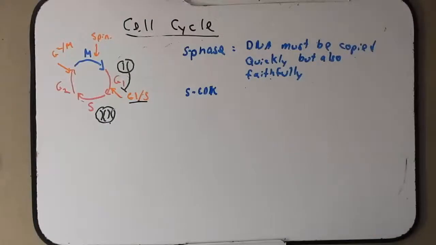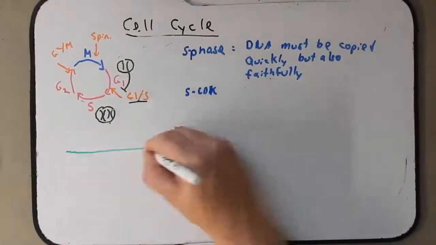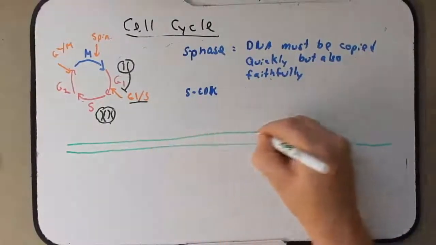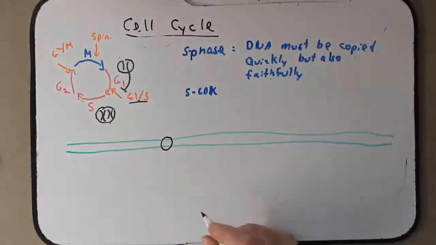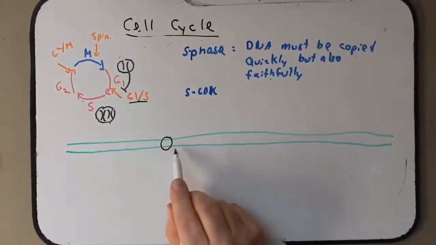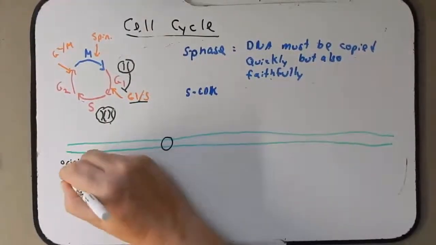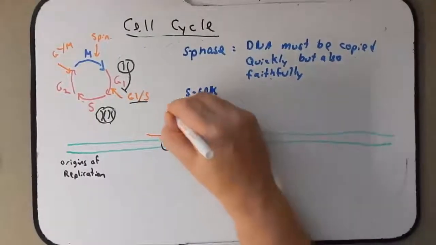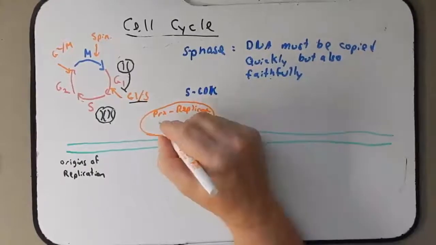So the first thing that has to happen is that the DNA has to be prepped and ready for replication. So here's our chromosome here. And throughout any given eukaryotic chromosome, there will be several of these sites that are called origins of replication. This is a site that will recruit a large complex of proteins called the pre-replication complex.